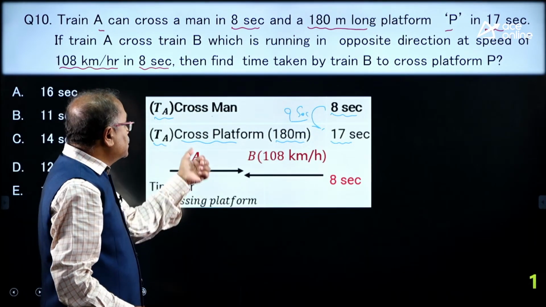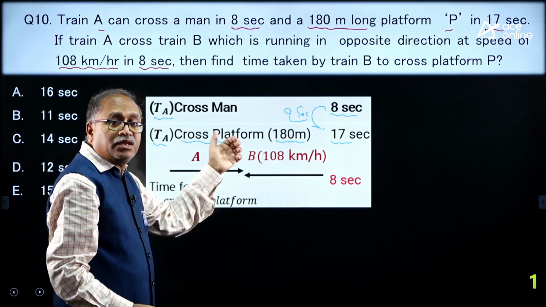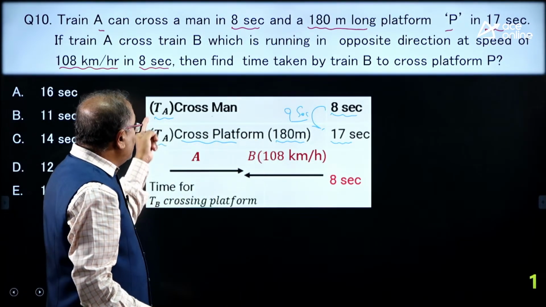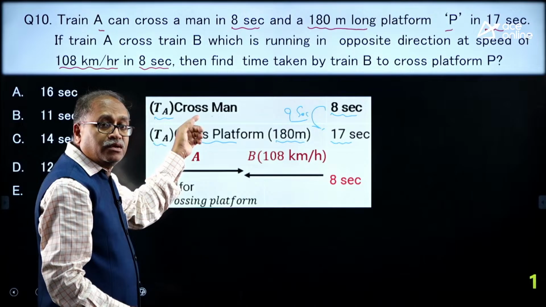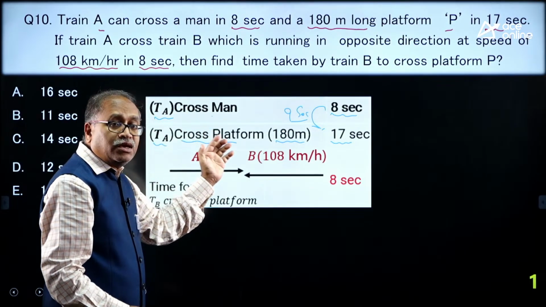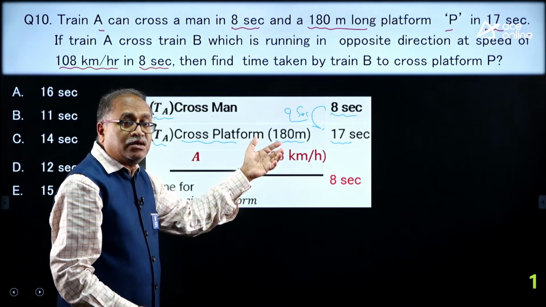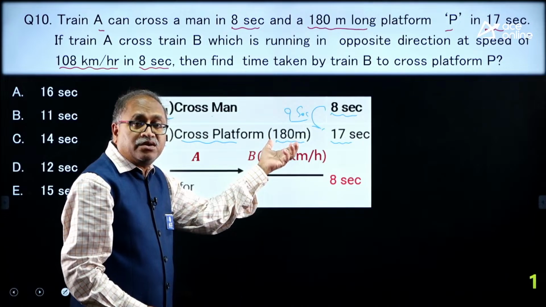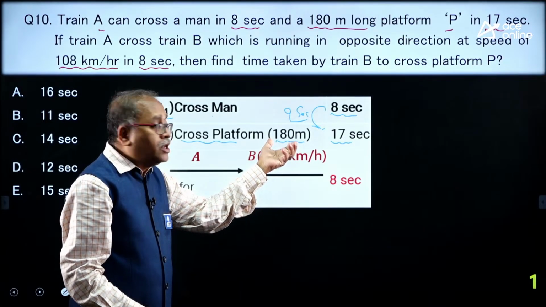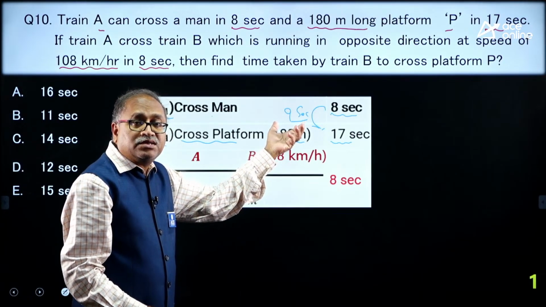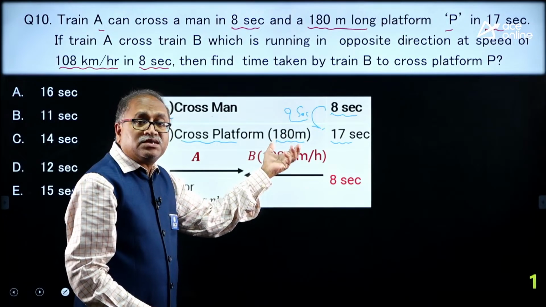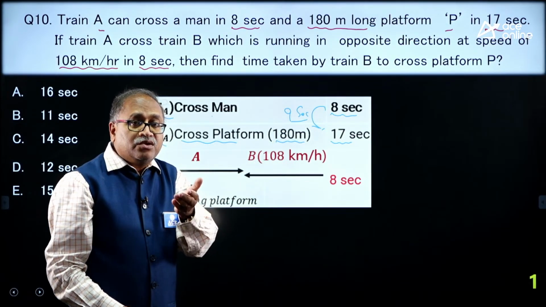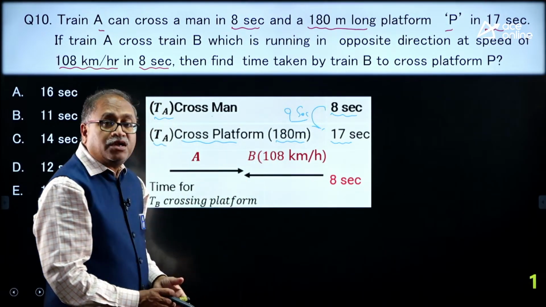Because it is covering the platform length extra along with its own length. How much distance extra? 180 meter. How much time extra? 9 seconds. So, extra distance by extra time, you are getting the speed of train A.